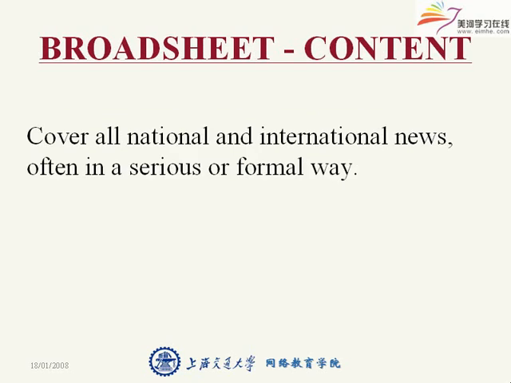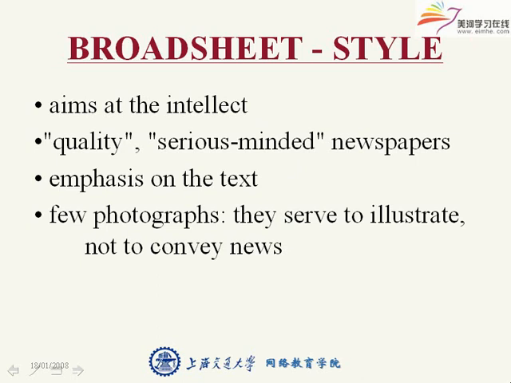And here you see the Financial Times, and the Financial Times is a very good example for a broadsheet. Here you have a lot of text, very few pictures, and the picture that you have does not tell you so much about the news event. It serves more to make it a bit more interesting.